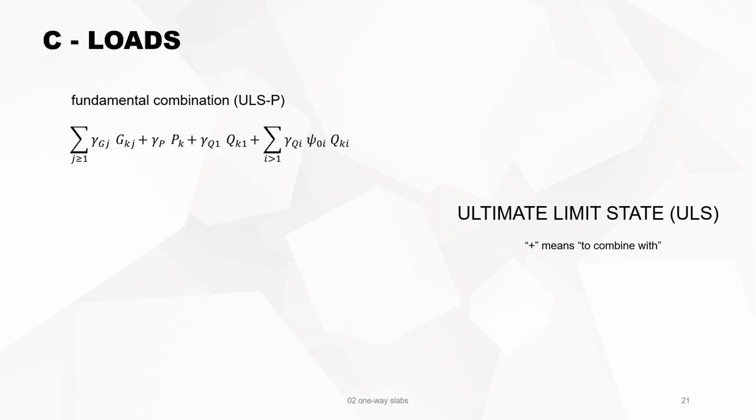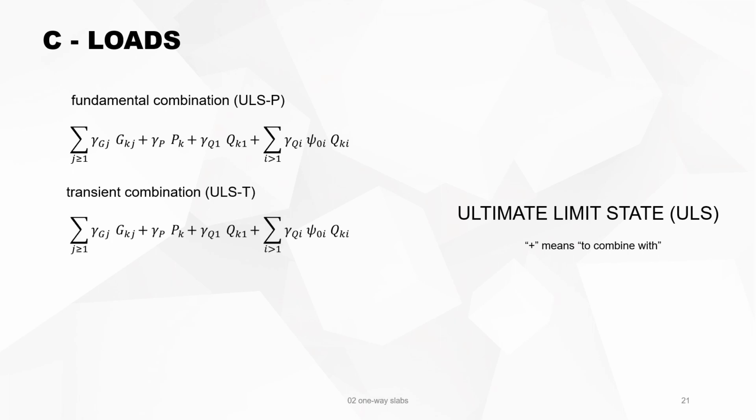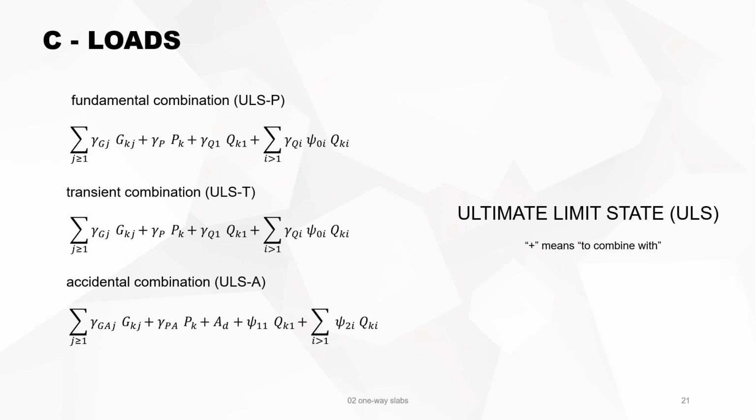That's a combination rule. And you have to maximize and minimize this combination rule. In ULST, the transient combination, you see it's exactly the same formula. There's no difference. And then for the accidental combination, you also have a combination rule.